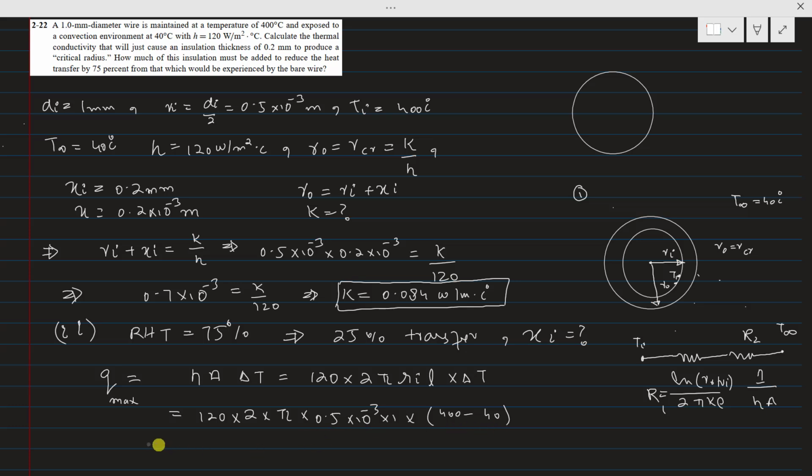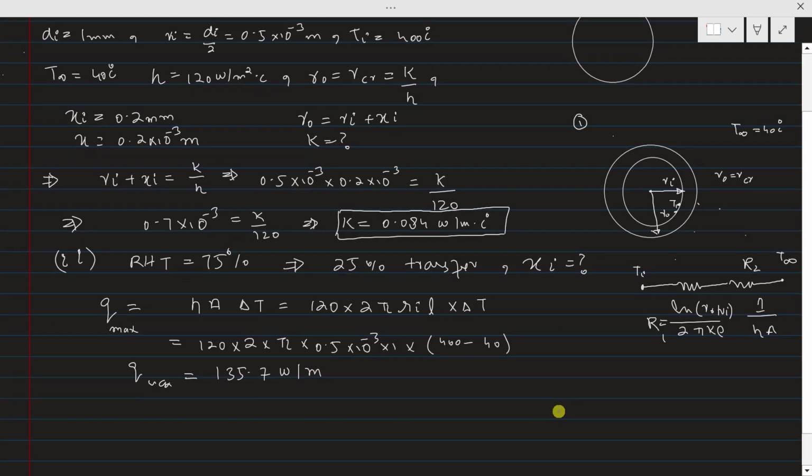After simplification, you will get the maximum heat transfer, that is 135.7 watt per meter.